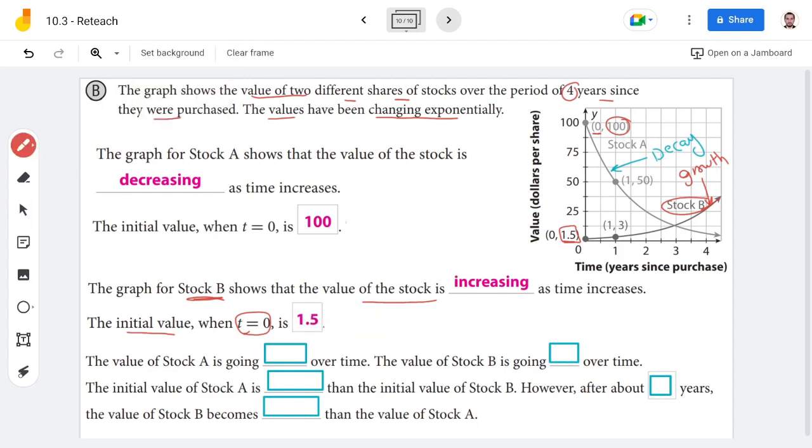Next, the value of stock A is going down over time, it's decreasing. And the value of stock B is going up with time.